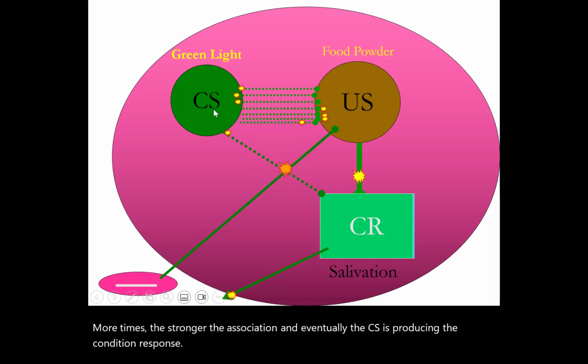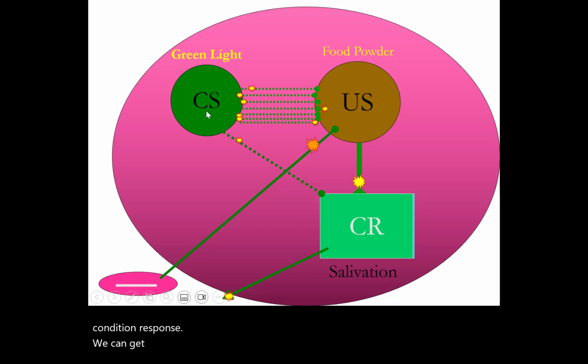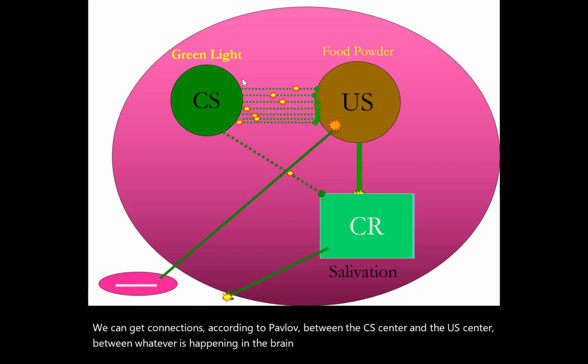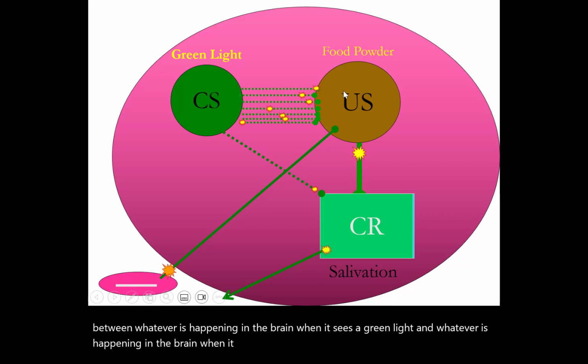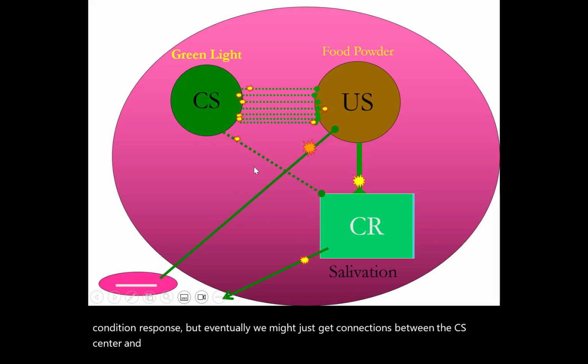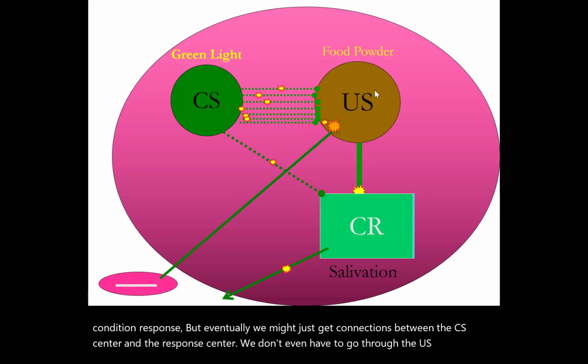We can get connections, according to Pavlov, between the CS center and the US center, between whatever's happening in the brain when it sees a green light and whatever's happening in the brain when it is experiencing food. These connections create the conditioned response, but eventually we might just get connections between the CS center and the response center. We don't even have to go through the US center, the representation of food.